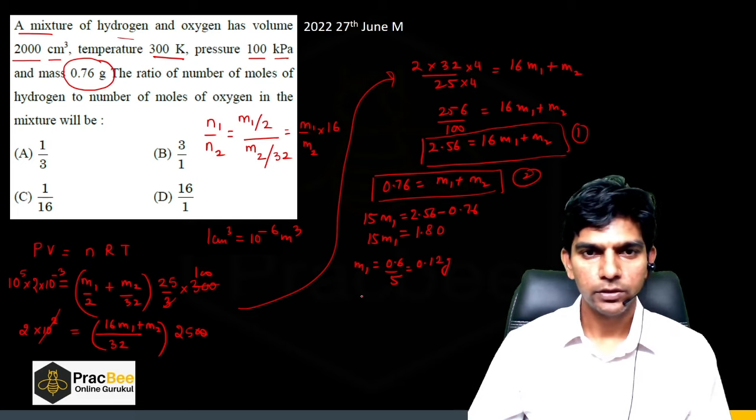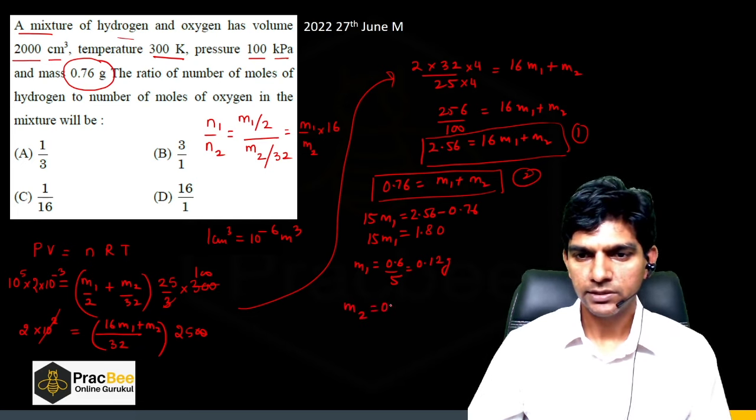So M1 is 0.12 grams and M2 will be 0.76 minus 0.12, so that will be 0.64.